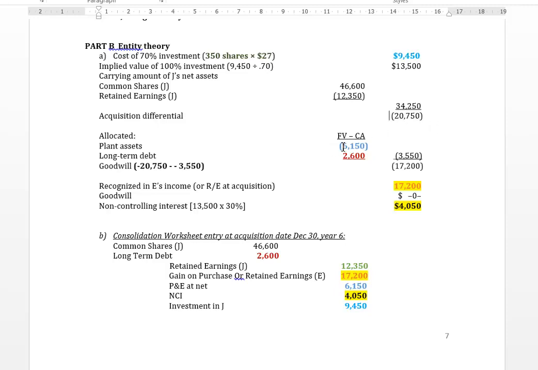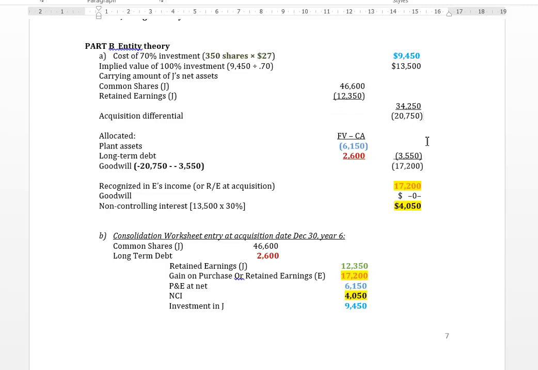Well, as we did in the first video, we allocated it to a decrement in the plant assets, and we also said that there was a decrement in the long-term debt. Why? Because the long-term debt in E's estimation is worth $2,600 less than what J's got it booked at. So when we add together this decrement in assets and this decrement in liabilities, and because this is going to debit the liability and this is going to credit the asset, the signage is opposite, we have a net allocation of negative $3,550 of this negative acquisition differential, which is negative $20,750.